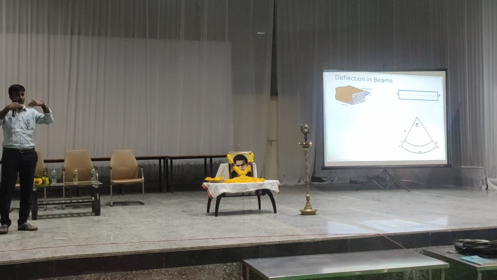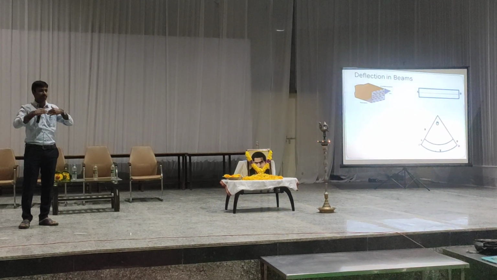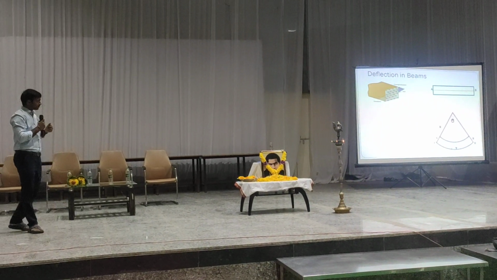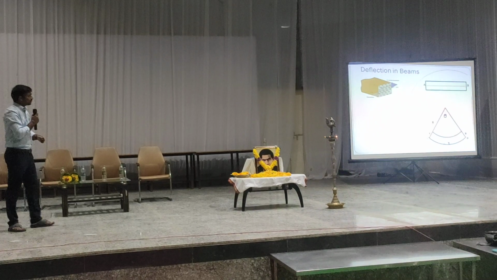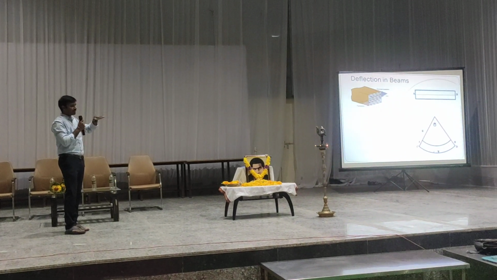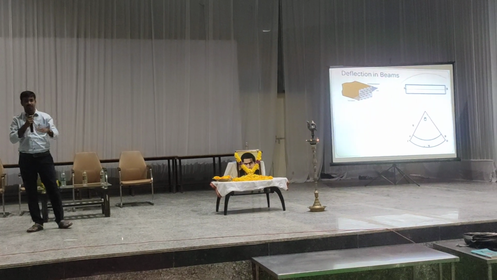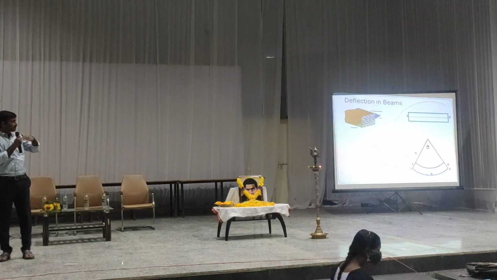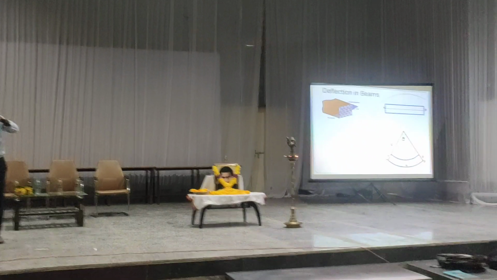It means on the top layer, the length is going to decrease. On the bottom layer, it is going to increase. Right? But in the middle, you can find one layer at which there is no change. On top it is compressed, and on bottom it is expanded, but in the middle you can find that there will be no change.